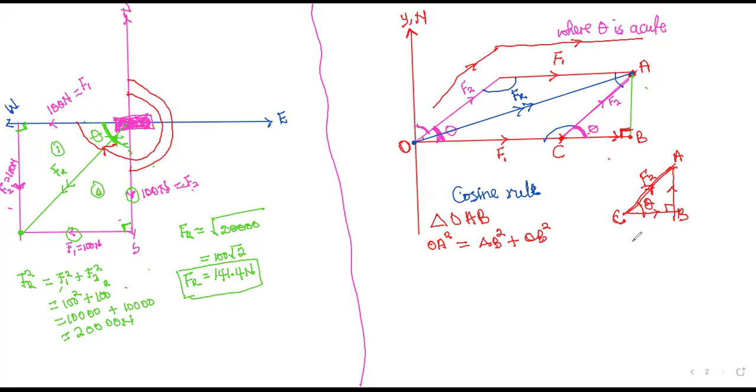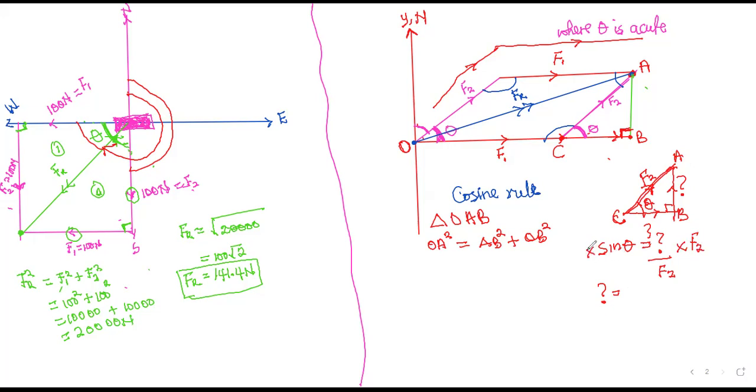Now, if I have the angle and I have the hypotenuse and I want to determine the opposite and the adjacent, how do I do it? Once I have the hypotenuse and the angle, if I want the opposite, I take sine of the angle theta. Sine theta equals the opposite, which is unknown, divided by the hypotenuse, which is F2. When I make the opposite the subject, I need to multiply through by F2 to eliminate it.